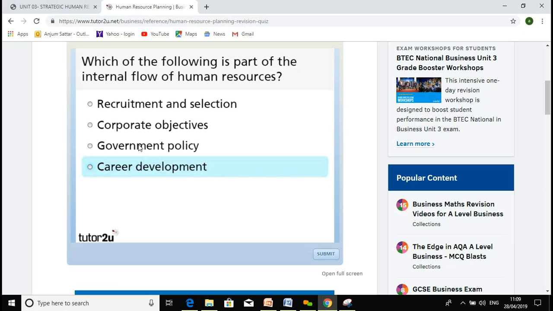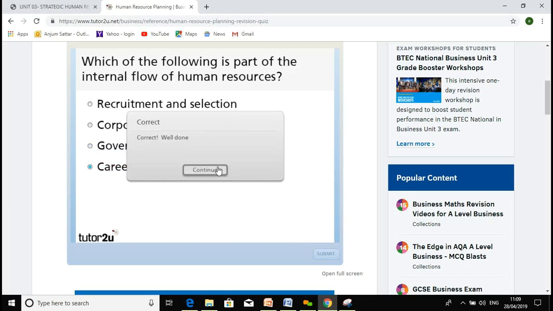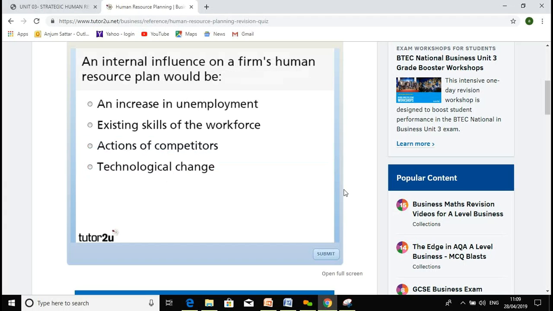I would say career development. Recruitment could be one, but it's career development. Okay, well done. Correct. An internal influence on it will be the existing workforce. Well done. Correct.